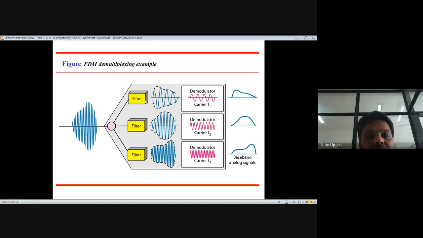Filter is the process which performs the demodulation of the given signal to discover the original signal. So this composite analog signal, which is received at the destination, is demultiplexed into three carrier signals. These three carrier signals will be passed to these three different filters, which perform the demodulation of the carrier signal and produce the original signal.